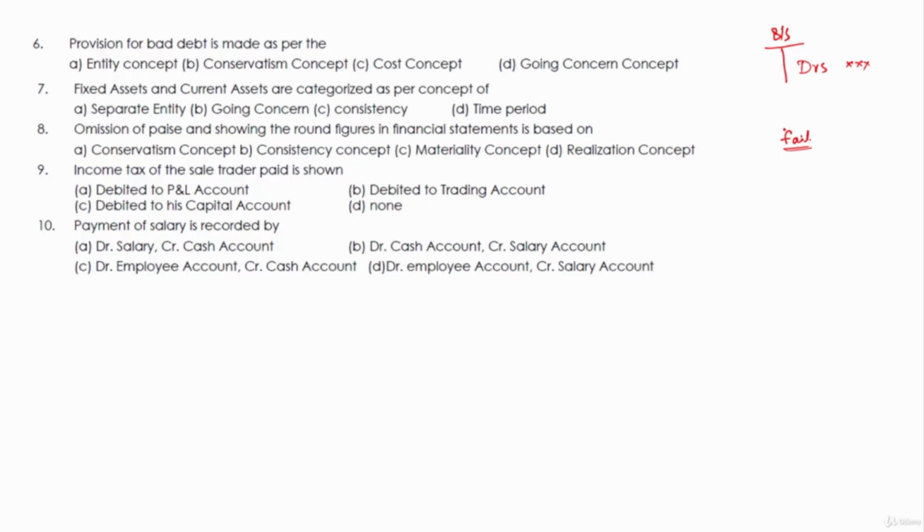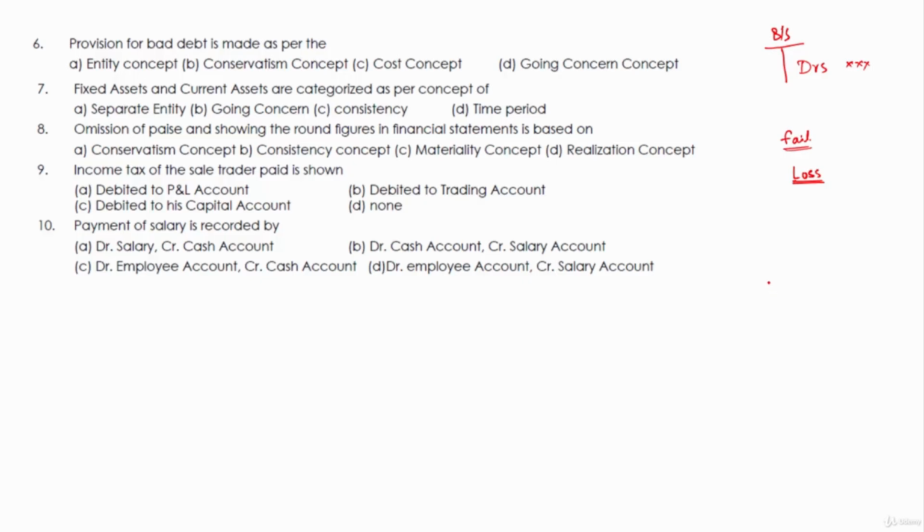So the accounting concept, especially the conservatism concept and prudence concept, says if you are anticipating a loss, recognize it immediately. Don't wait for that loss to happen. If you are anticipating, recognize it. And if it is not happening, then you can reverse it later. But if you're anticipating a loss, recognize it.